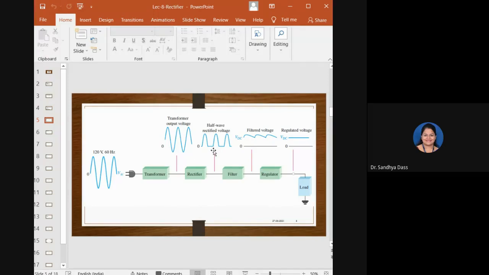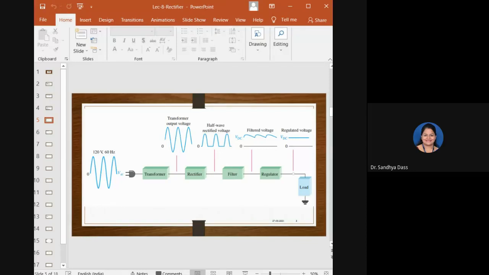Pulsating DC because there is variation in the output signal, but only in one direction. That is, only the positive cycle for the half wave rectifier, or both the cycles in the full wave rectifier. The example shown here is for the half wave rectifier output voltage.